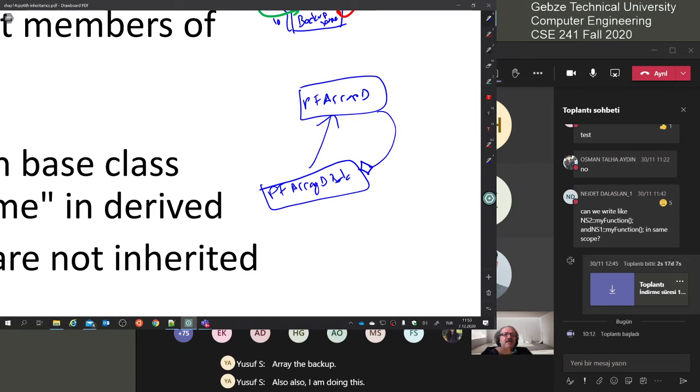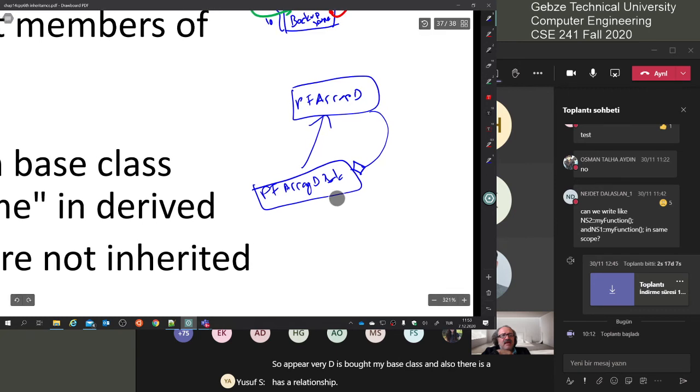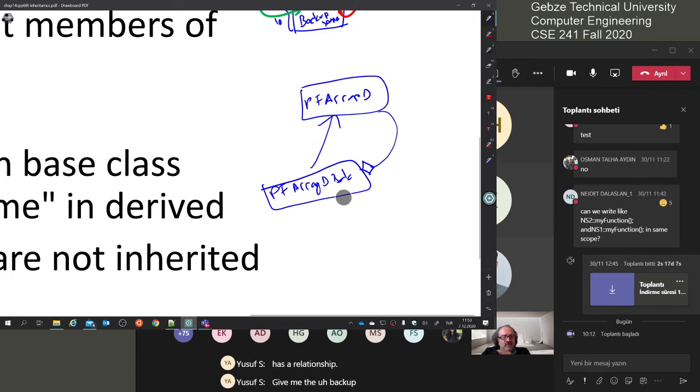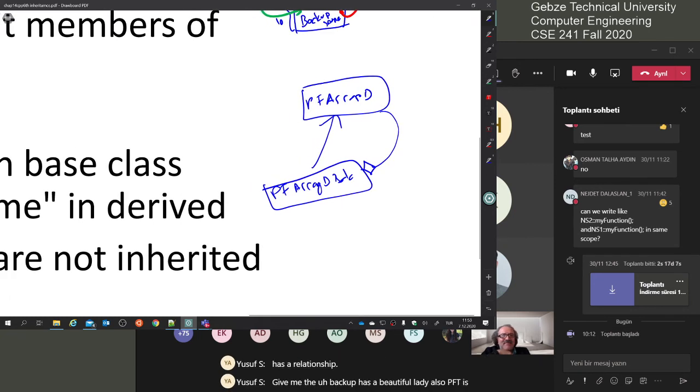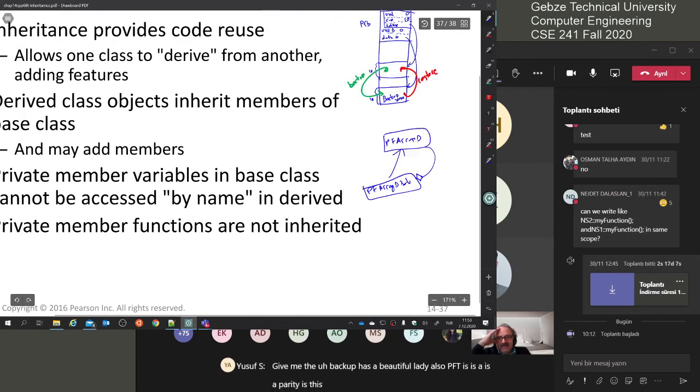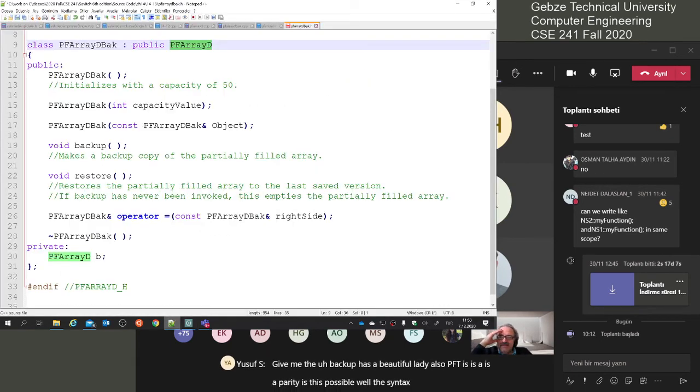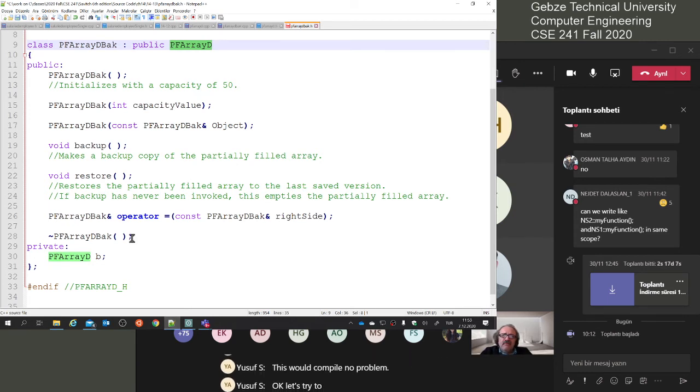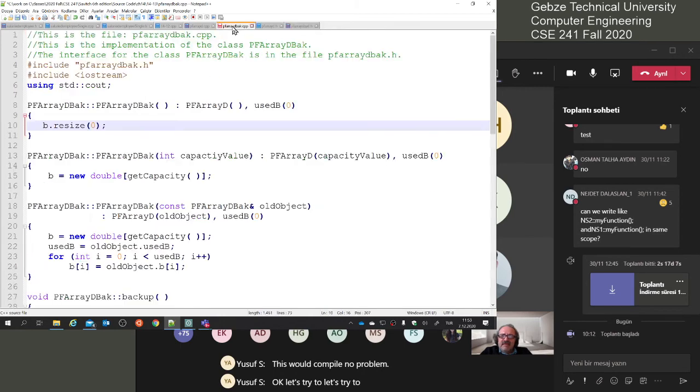So PFArray is both my base class and also there is a has-a relationship. PFArray backup has a PFArray. Also PFArray is a PFArray. Is this possible? Well, the syntax allows it. Why not? Would this compile? Yeah. This would compile, no problem. Okay, let's try to implement this.